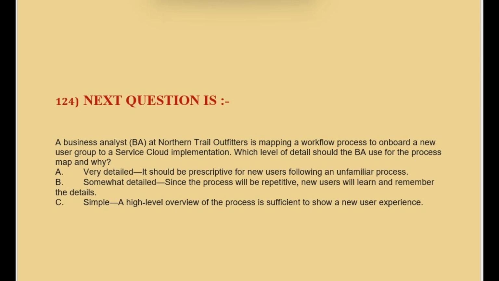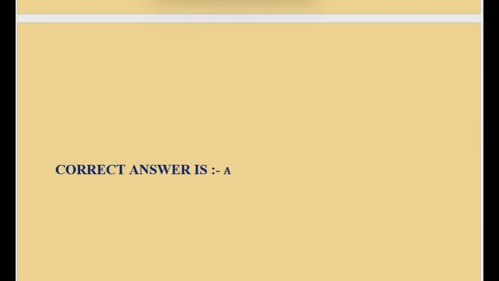Option B, somewhat detailed. Since the process will be repetitive, new users will learn and remember the details. Option C, simple. A high-level overview of the process is sufficient to show a new user experience. Correct answer is option A.